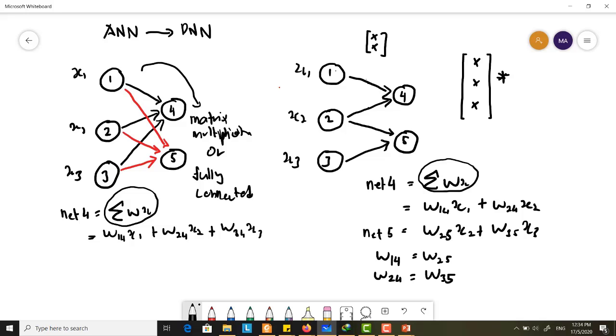Normally you use this symbol to represent your convolution with your filter here, which is 2 times 1. If you want to convolve, then you need to slide this one.